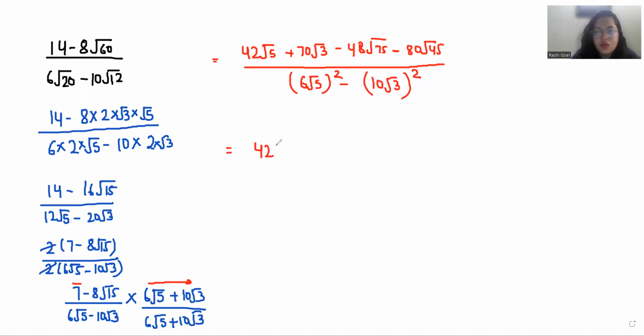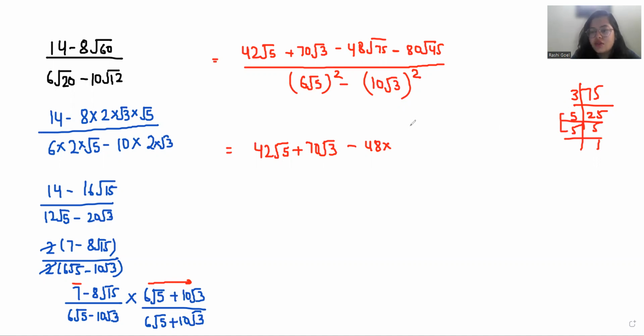Now 42 root 5 plus 70 root 3 minus 48 times root 75. If we take out the LCM, 2 times 3, 3 times 2 and 5, 5 times 5 and 1.